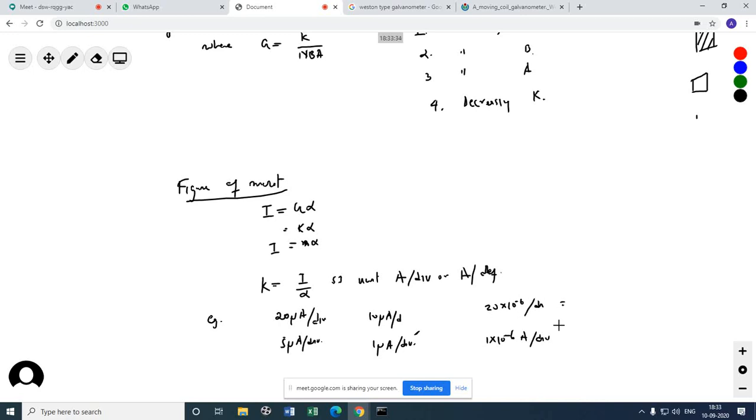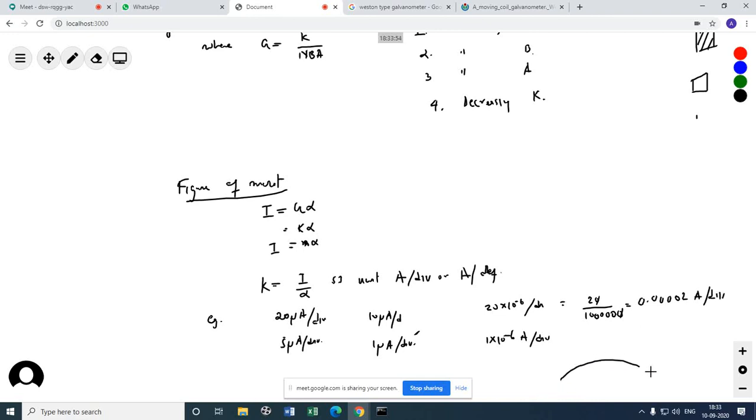So if I write this properly, it means 0.00002 ampere per division.